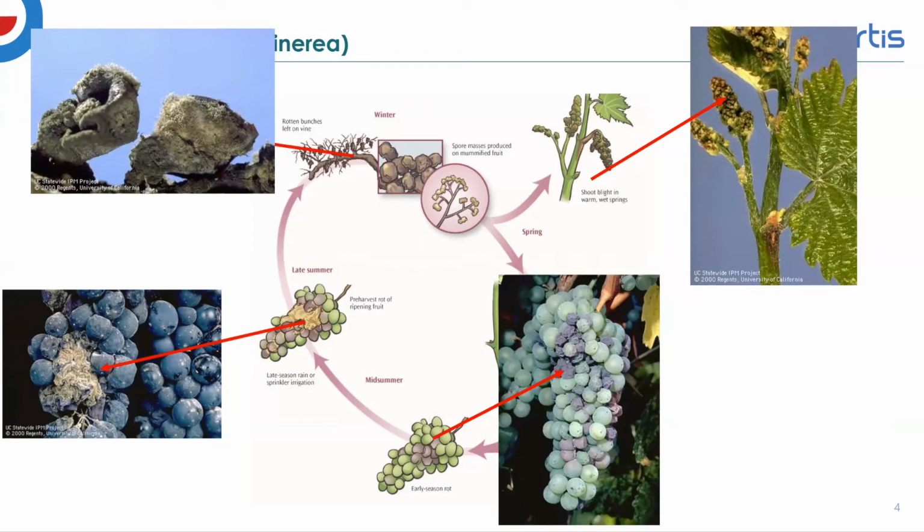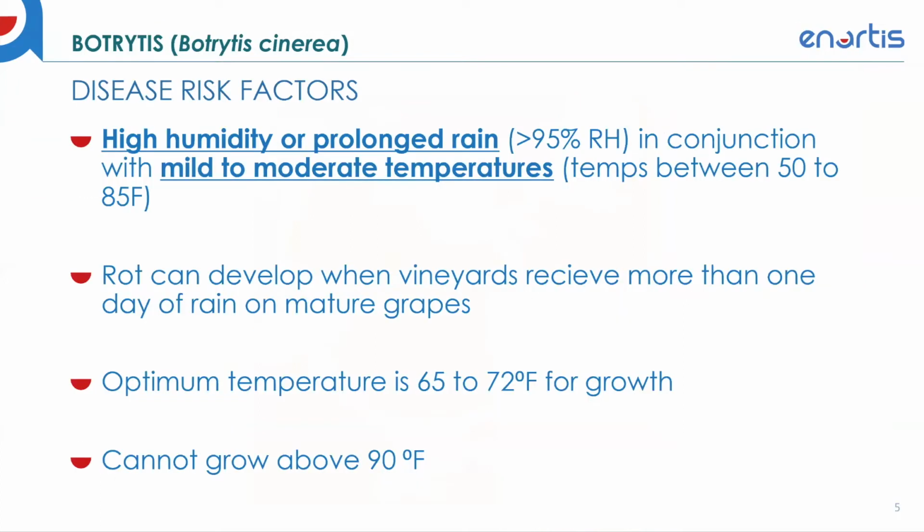Some of the disease risk factors for botrytis: if we have high humidity and prolonged rain, so greater than 95% relative humidity, with mild to moderate temperatures, then we can start to have more chances of botrytis. Rot can develop in the vineyards when we receive more than one rain during harvest on mature grapes.